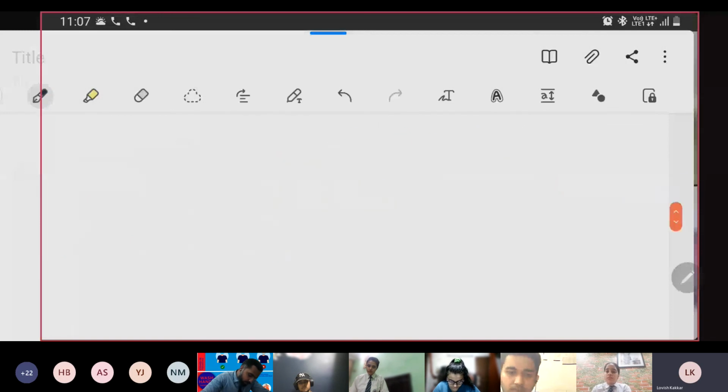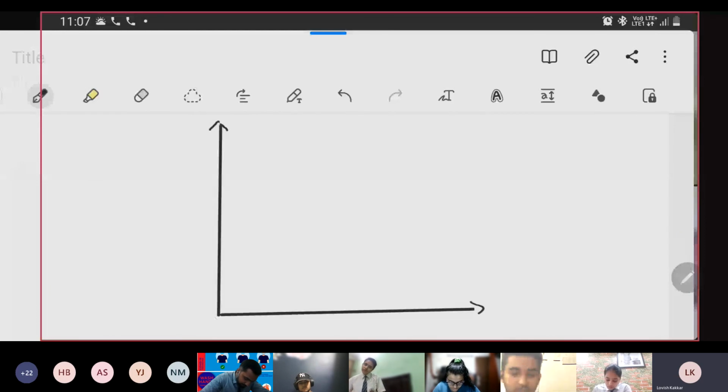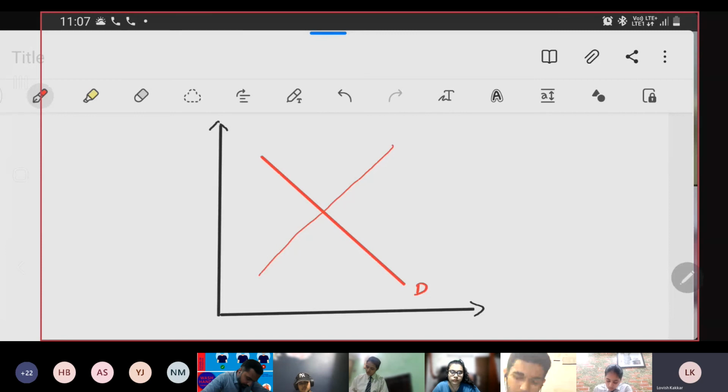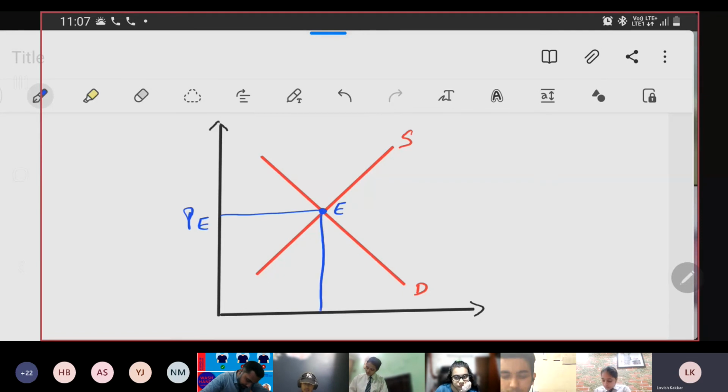Now, once you have written this, please draw it. So this is the downward sloping demand curve, upward sloping supply curve. This is the point where demand curve and supply curve meet. This is equilibrium point. This is PE equilibrium price, QE equilibrium quantity.